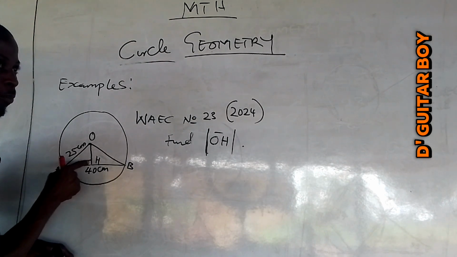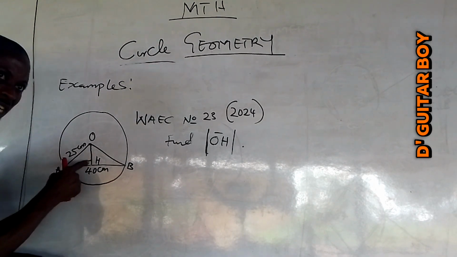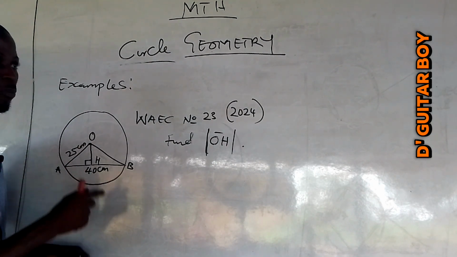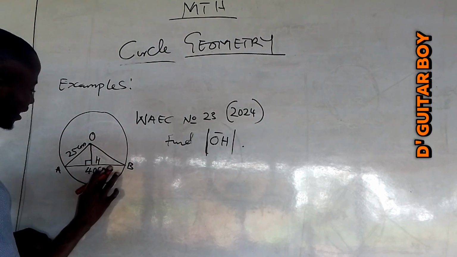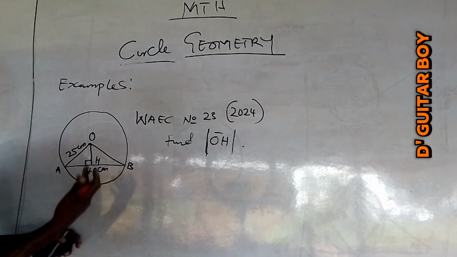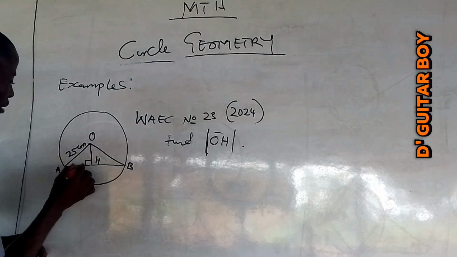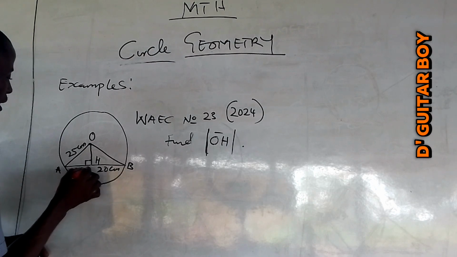Because this place is already perpendicular, it shows me that this line meets this one at the midpoint. So with that, I can modify this figure we have here. I can clean this part and put 20 here and put 20 centimeter here.